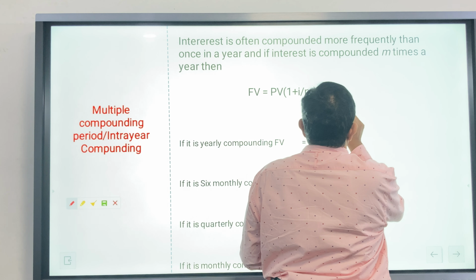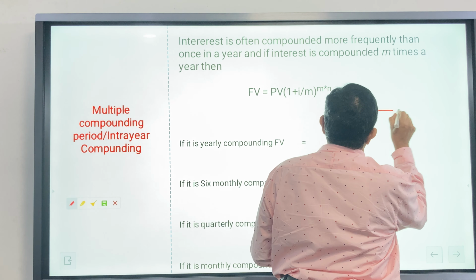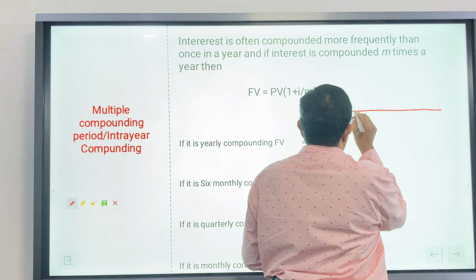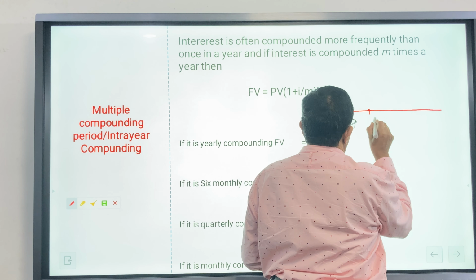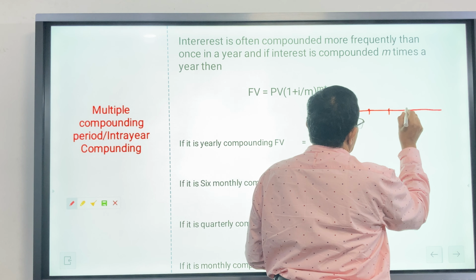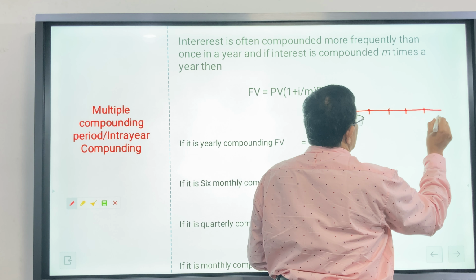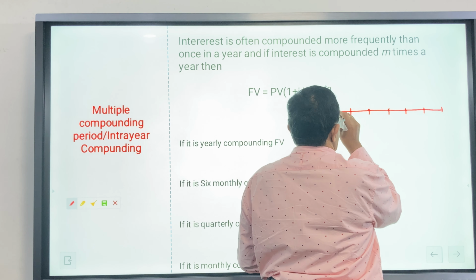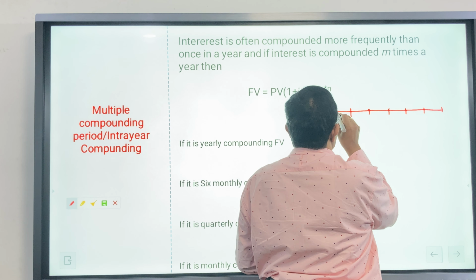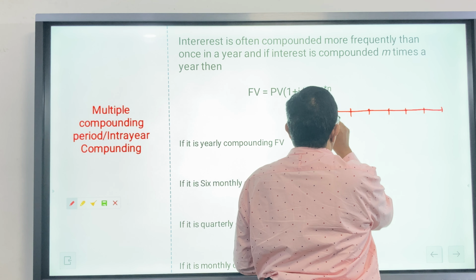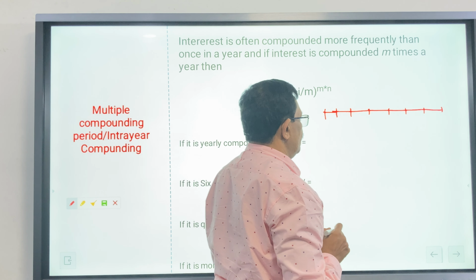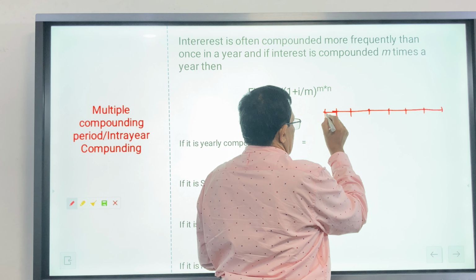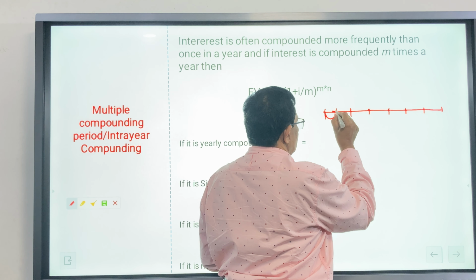For example, if there is going to be a time scale wherein I am depicting different periods, here I am saying that it is 1 year. The compounding is going to be done like this.